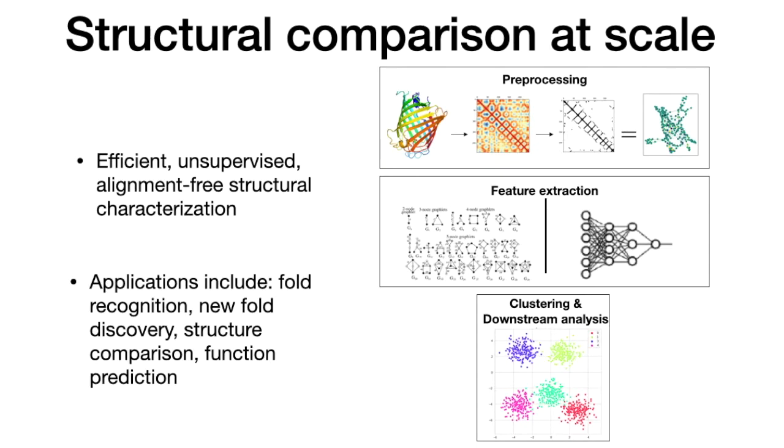As I noted earlier, extracting such features can either be done via a manual or a learned process. But once we have our feature extraction protocol, we can use it for several different downstream applications, including fold recognition, fold discovery, if the method is unsupervised and does not require prior structural labels, structural comparison, and even protein function prediction.